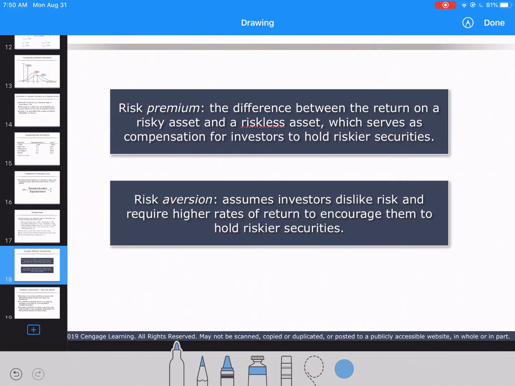So risk aversion depends on person to person. You may have high risk aversion, and your friend may have low risk aversion. So your friend may take many risky projects, and you may not take highly risky projects.